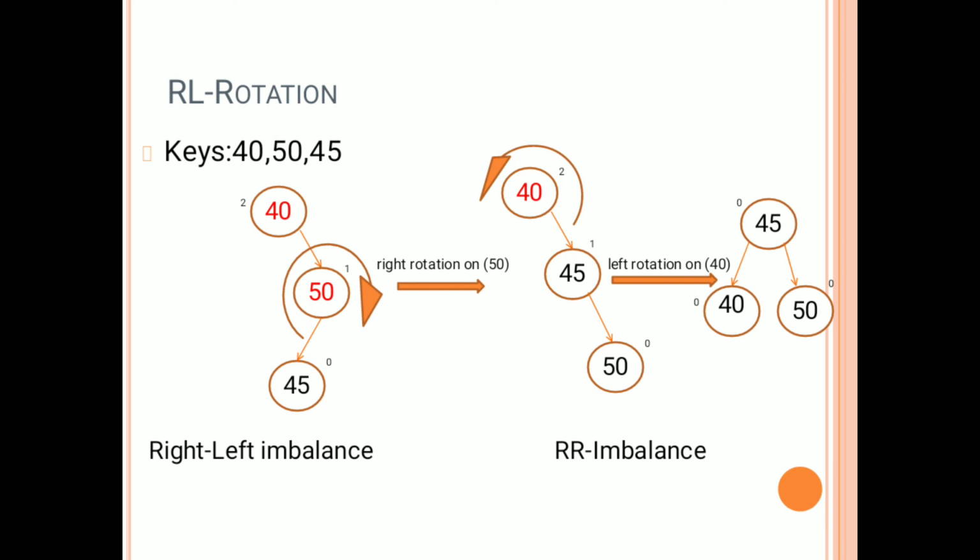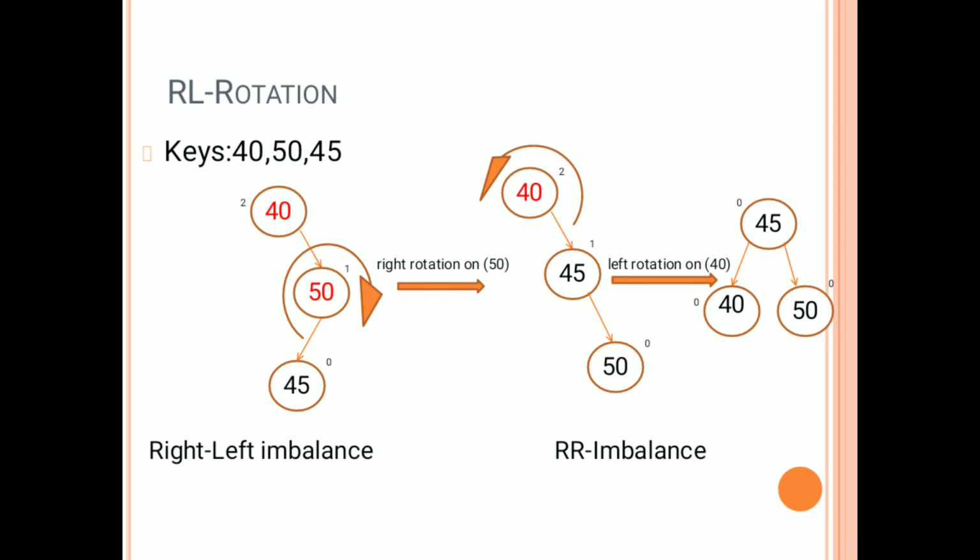So consider the case 40, 50 and 45. According to the given order, 40 is inserted as the root node and the next element to be inserted is 50. 50 is greater than 40, so according to the binary search tree condition, we have to insert 50 on the right side of 40.